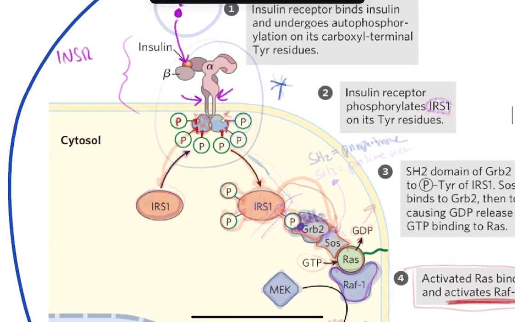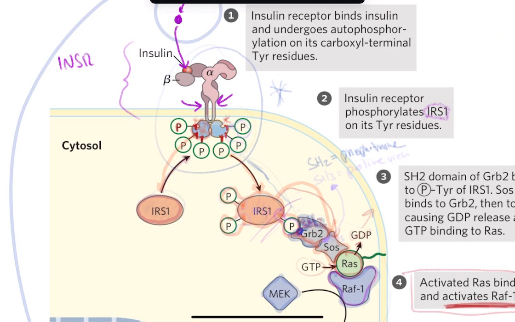These are also tyrosine kinases, right? So they autophosphorylated. Now these kinase domains, these catalytic domains of each monomer, are now active, right? So being active, they can now phosphorylate other things. These have been phosphorylated by each other, right? Yes. So they can go on to phosphorylate other things now.